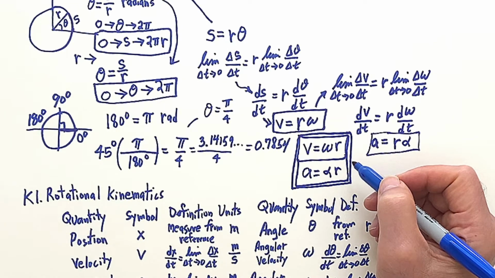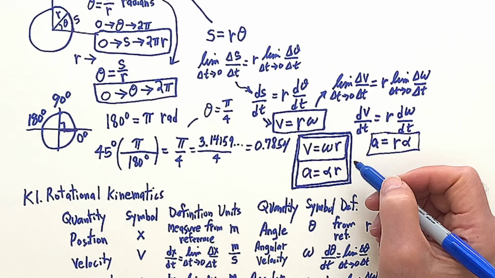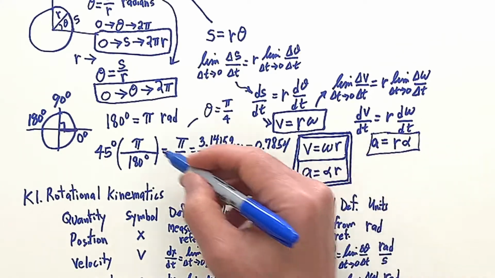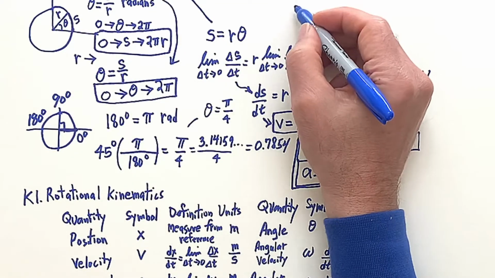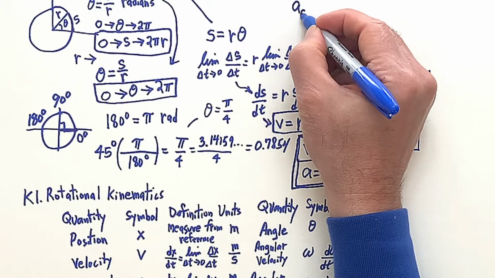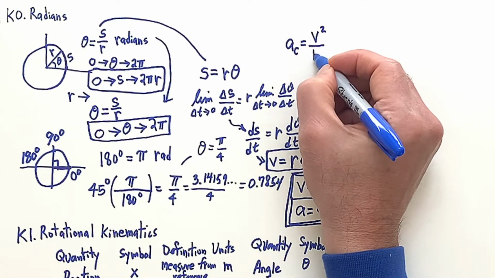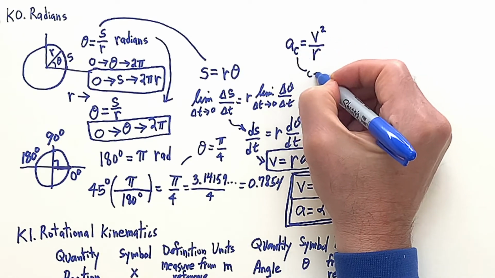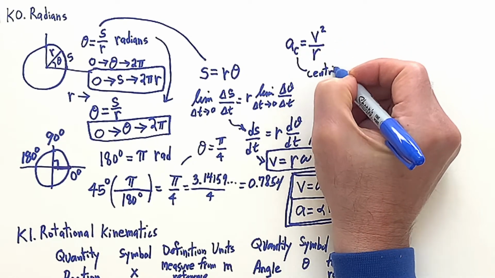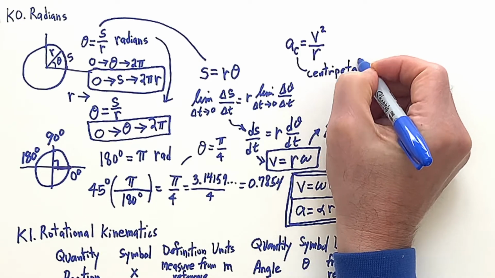Now just be careful with the centripetal acceleration. We know that if we go in a circle, the acceleration toward the center is V squared over R. Now this is centripetal acceleration.